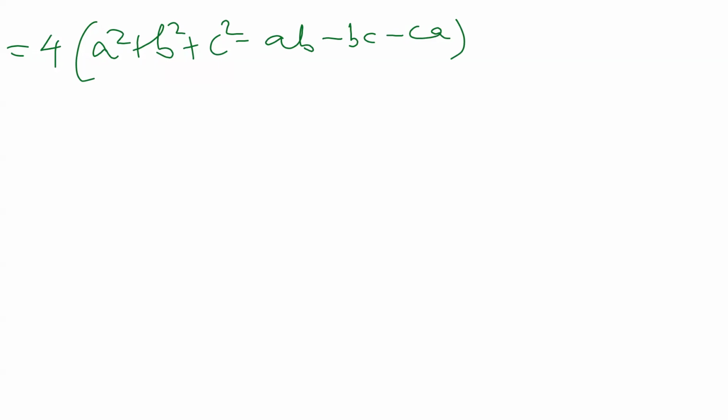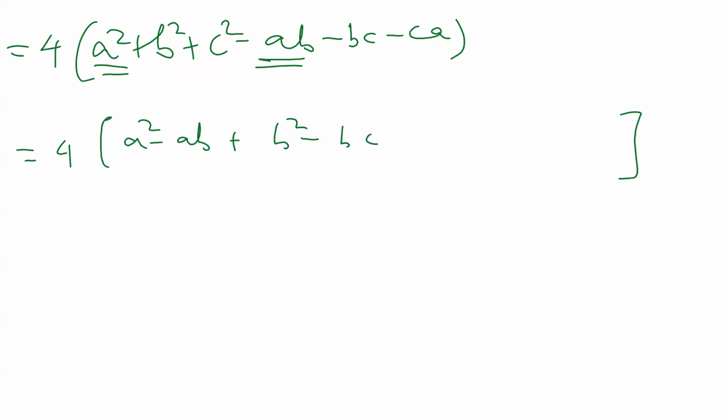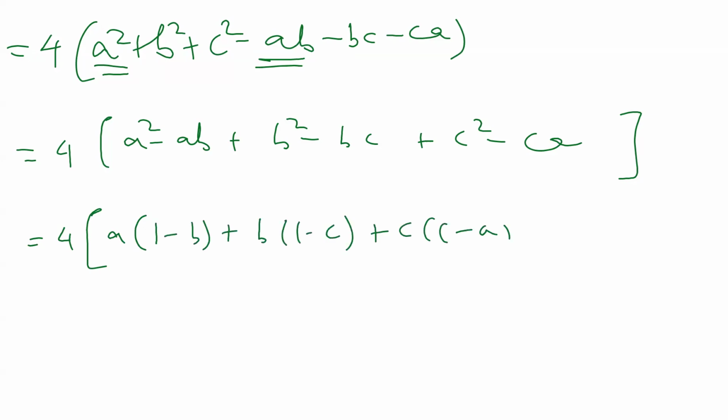Now, I'll do one thing. a square, I'll group it with ab. a square minus ab, b square minus bc, c square minus ca. 4 a 1 minus b, b 1 minus c, c 1 minus a.